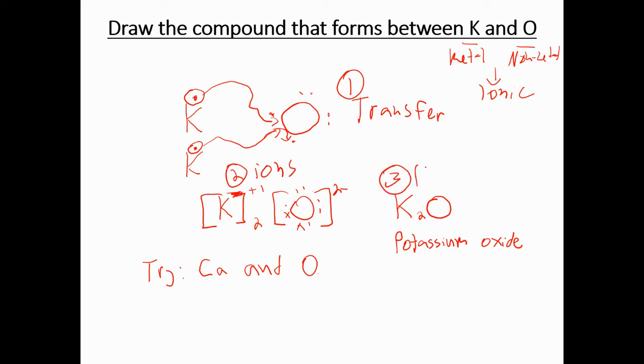And then third step, formula and name. Step 0 is actually determining type of compound. So that's what you do at the very beginning. I realized this was ionic because there was a metal and a non-metal. To figure that out, go back to your periodic table to double check if they're metal, non-metals.